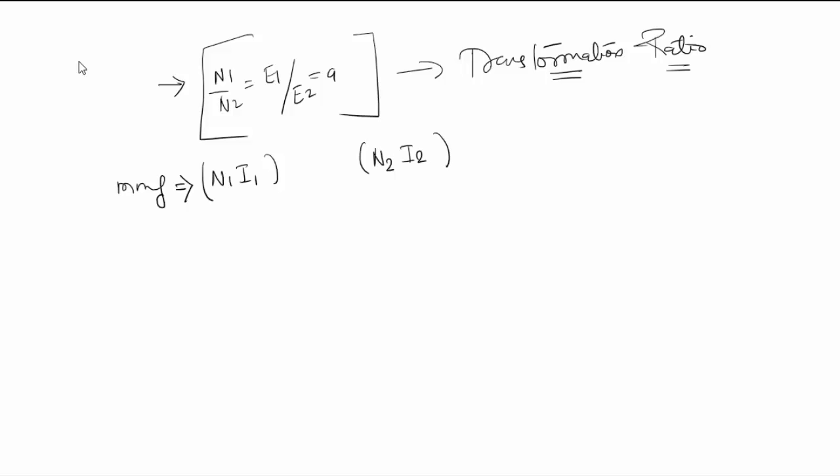In the ideal case, since there is no loss, we can say that N1 I1 is equal to N2 I2. That is, whatever MMF is available at the primary is also available at the secondary, since we are considering a no loss case for the ideal transformer.